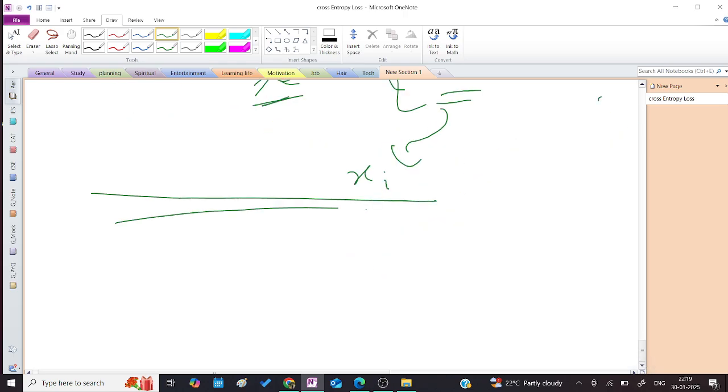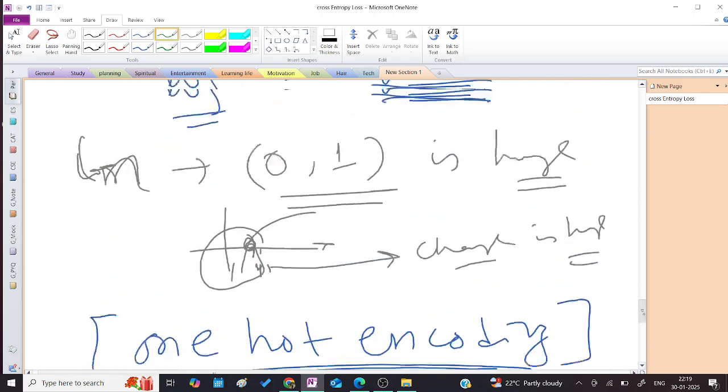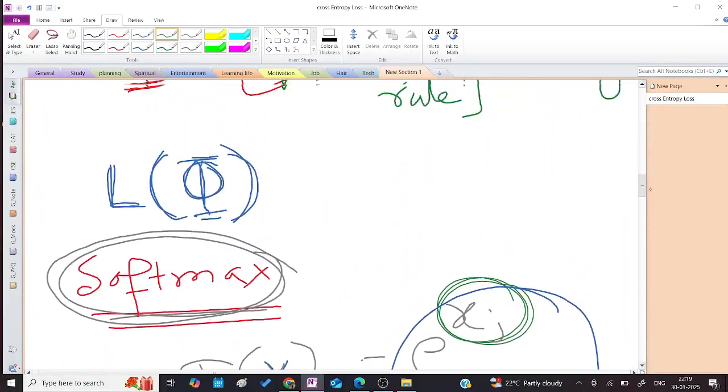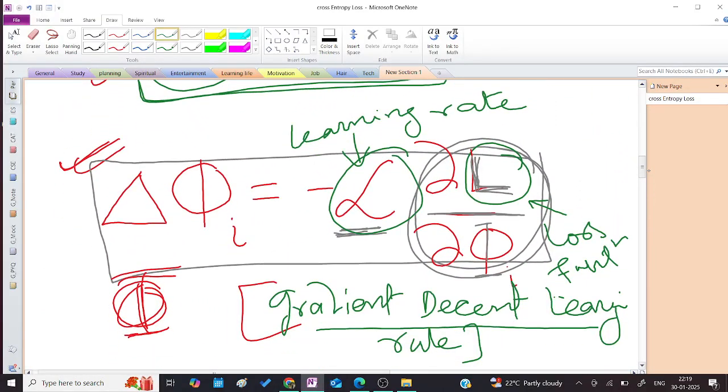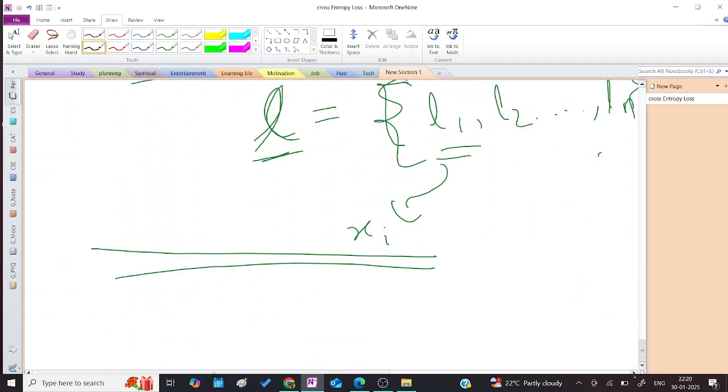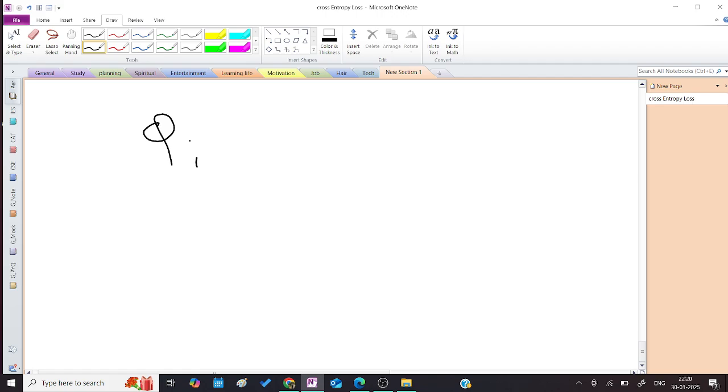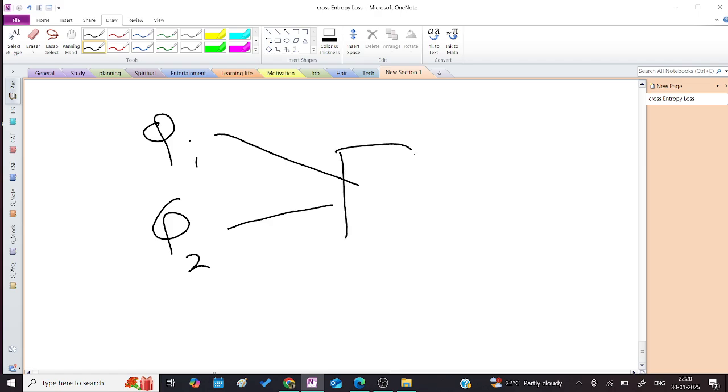Okay, so one more thing before we wind up. Our main target is to reduce this loss, capital L. So suppose there are only two parameters, phi 1 and phi 2, and these two parameters are used to change our class output.